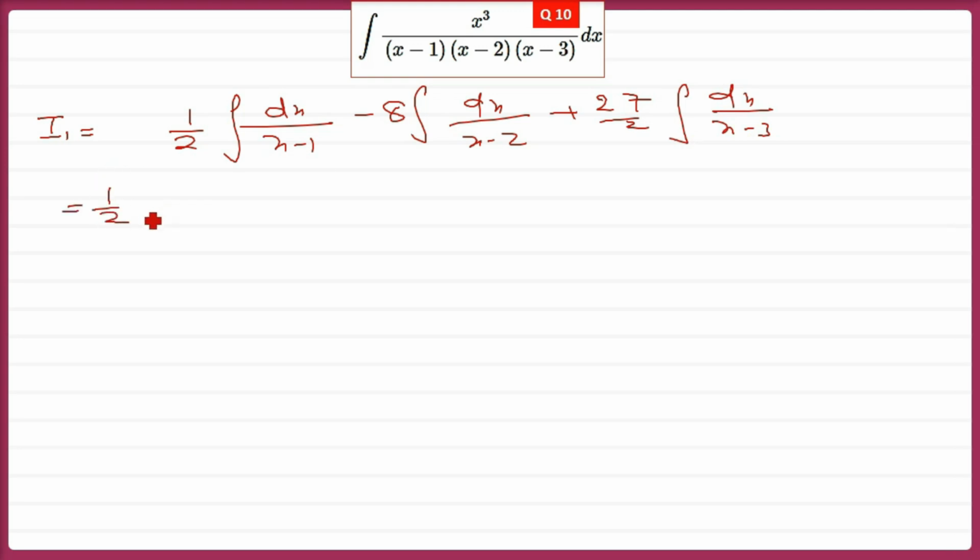So half ln, log is ln only, modulus of x − 1, − 8 ln modulus of x − 2 + 27/2 ln modulus of x − 3.